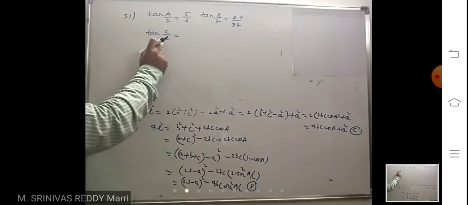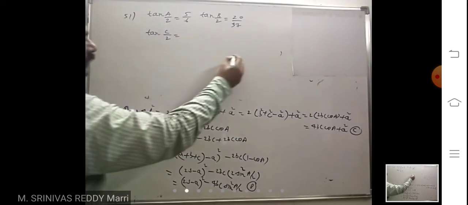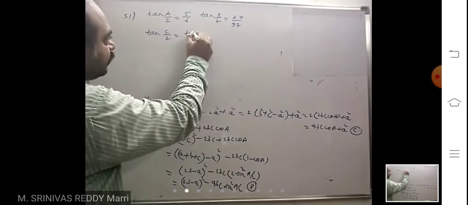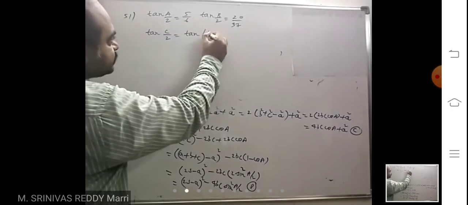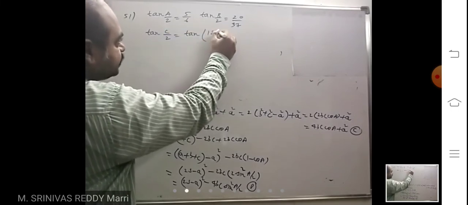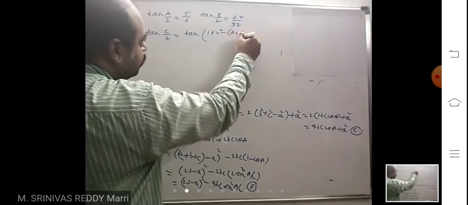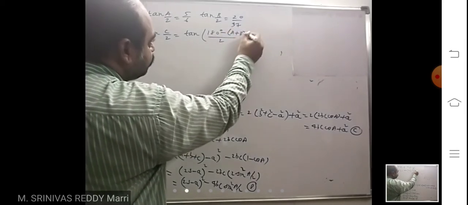Right? Tan C by 2 I want to calculate. You know A by 2, B by 2, so you have to proceed to find tan of C by 2 in terms of A, B. I have given this type of problem in the assignment also.